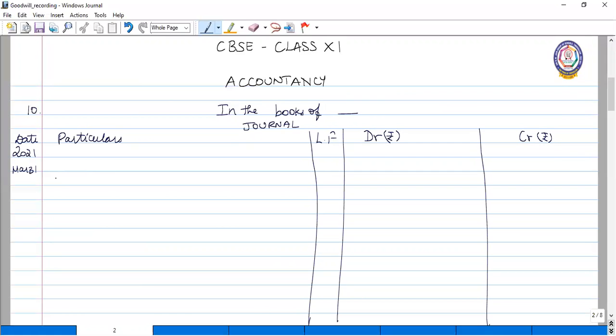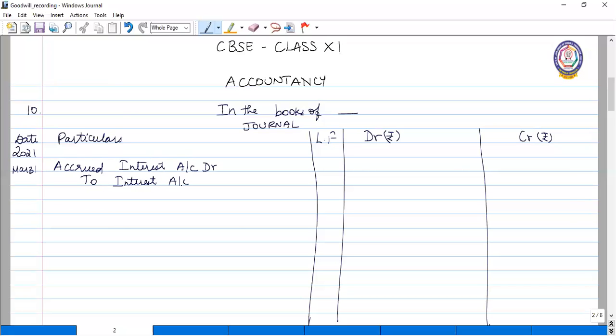So this interest due is actually an asset because we are yet to receive the interest. Asset increase has to be debited. So accrued interest account debit, to the concerned interest account.